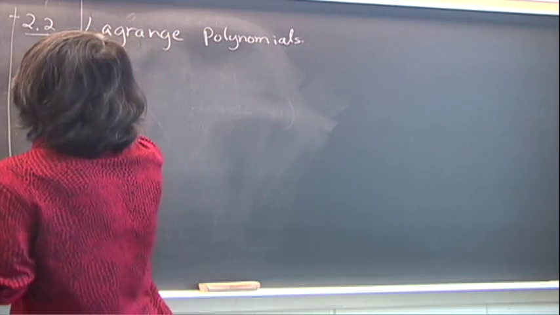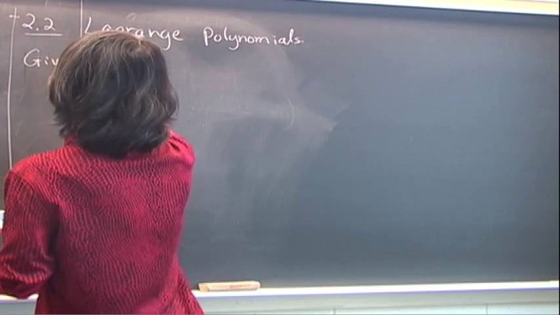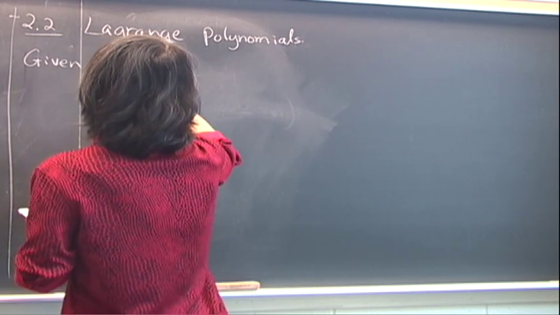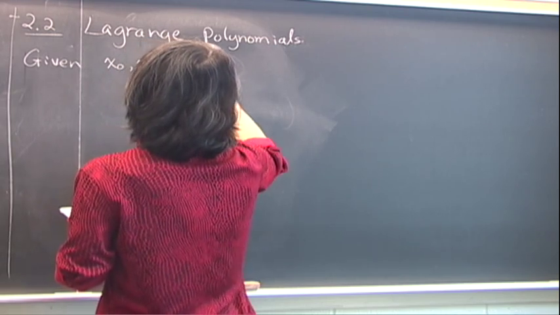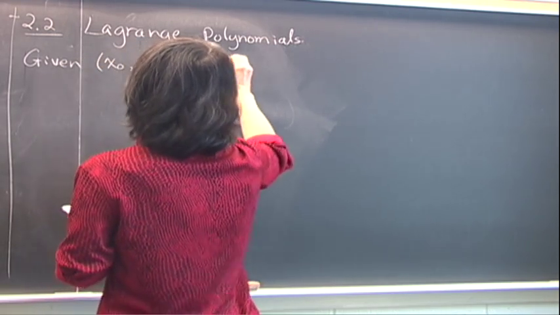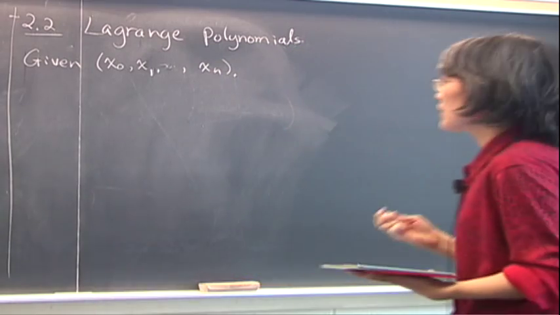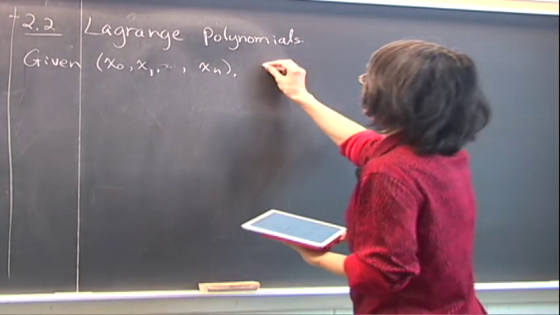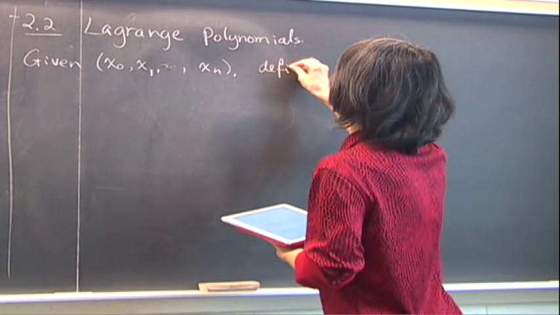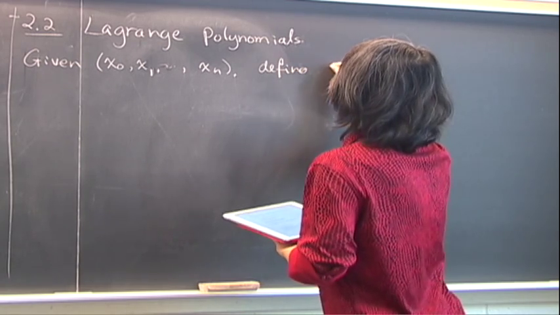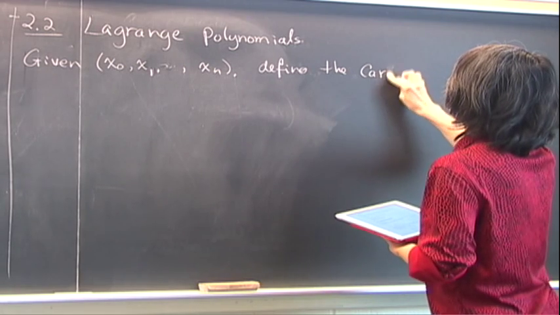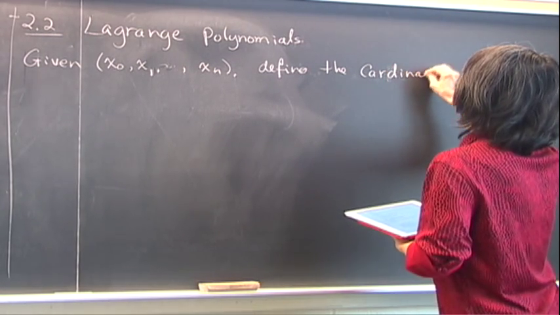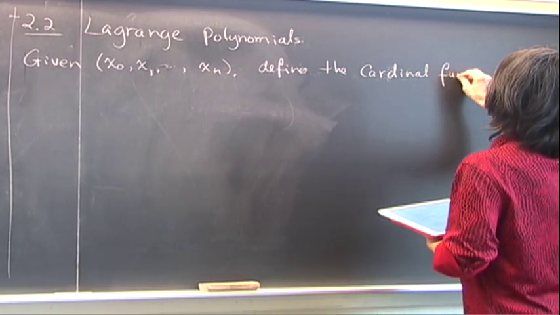This starts with the data set of x, x0, x1, dot, dot, dot, to xn. You give me n plus 1 points, and I will construct, we define, some functions called the cardinal functions.